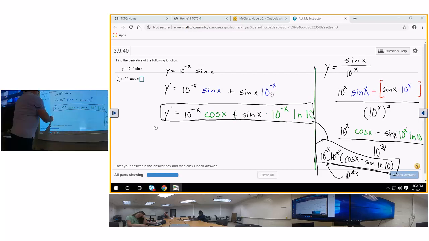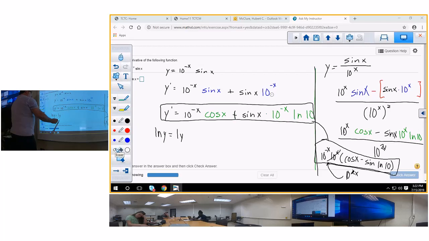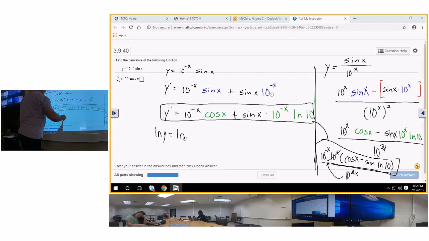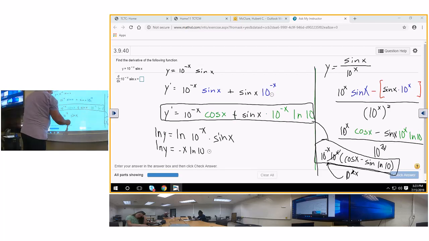Natural log of y is equal to the natural log of 10 to the negative x times sine of x. Natural log of y is equal to negative x, natural log of 10, plus natural log of sine of x, sorry.